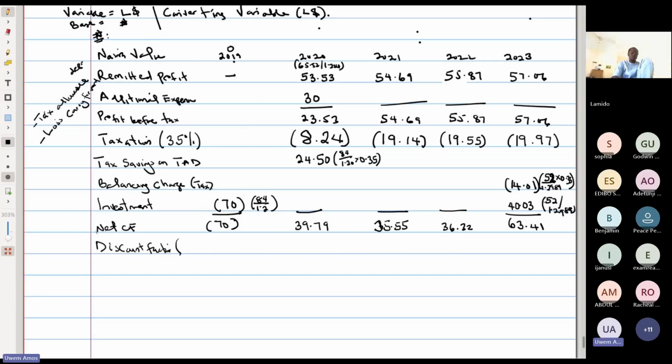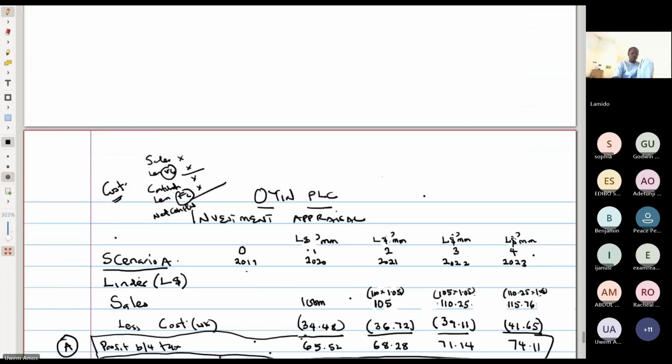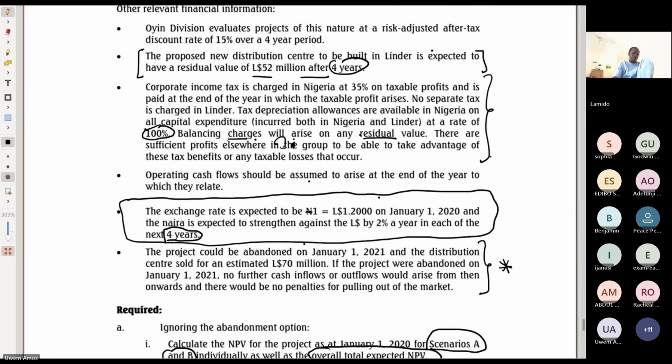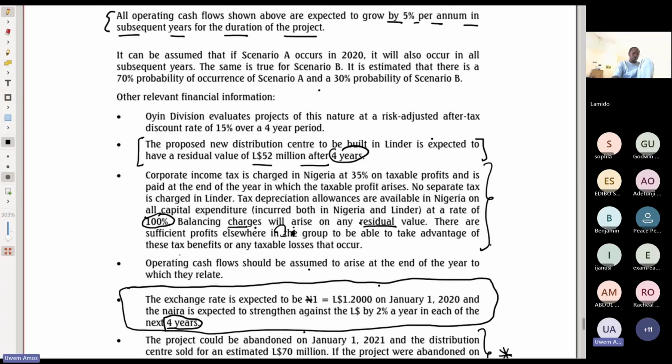Okay, so what's our discount rate in our question? The question tells us that Oyin Division, that's bullet point one, evaluates projects of this nature at a risk-adjusted rate of 15% over a 4-year period.